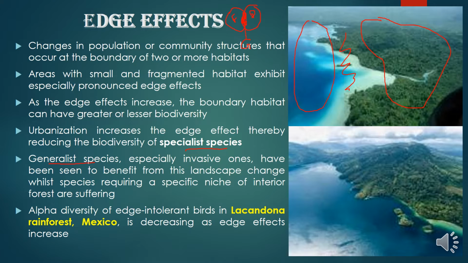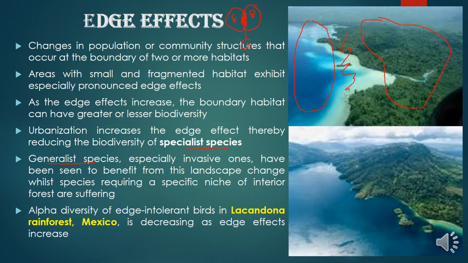For example, the raccoon, which is very common in North and South, even Central America. These feed on berries, insects, small animals also, and even the eggs of birds. So they feed on a wide range of food items. Such species are generalist species.